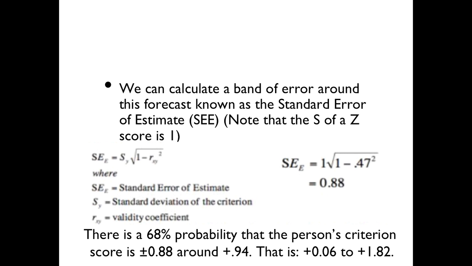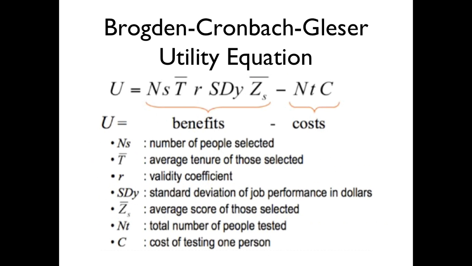In reality, this might translate to performance data such as sales or production data, about how a person in sales or production might perform, and it calculates the measure of error around the performance scores as well.